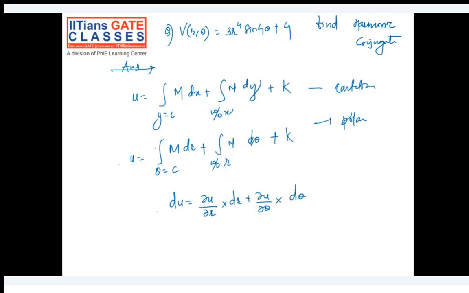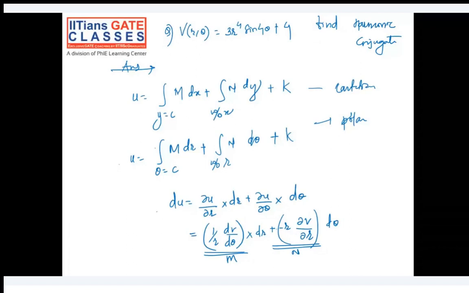So you replace this: dou u by dou r is plus 1 upon r dv by d theta into dr, plus dou u by dou theta is minus r dv by dr into d theta. So this is your m and this is your n. The value of m is 1 upon r dv by d theta, and the value of n is minus r dv by dr. We don't know dv by d theta and dv by dr, so we have to calculate them.